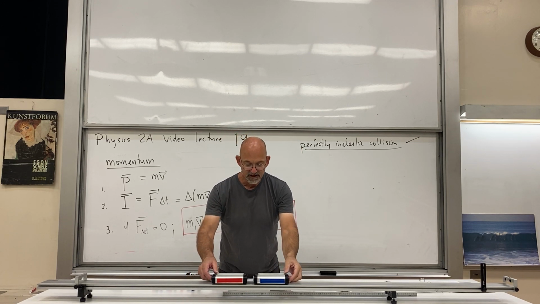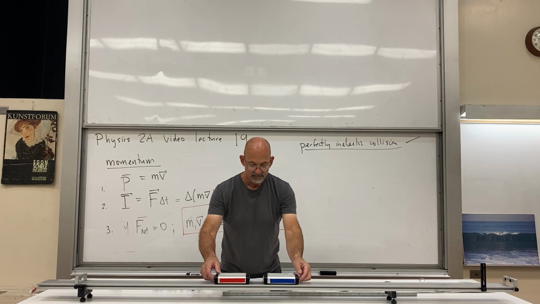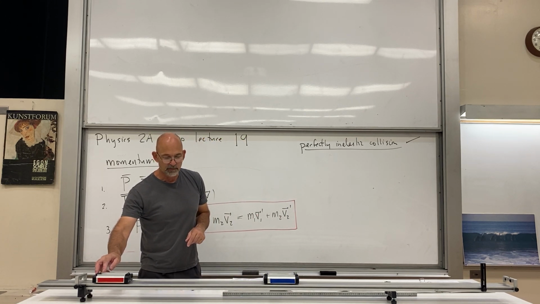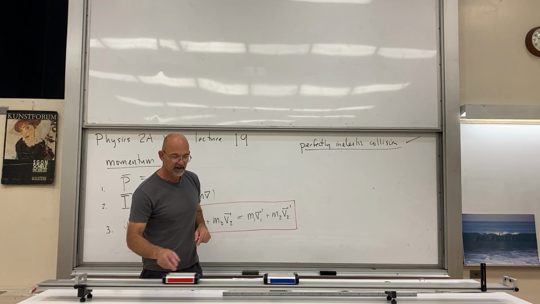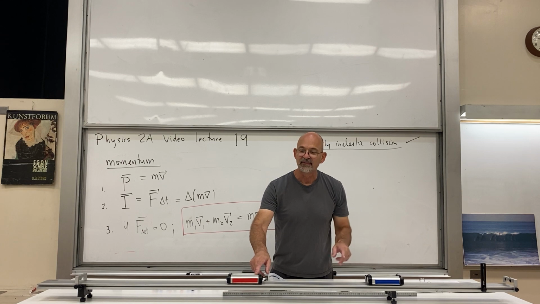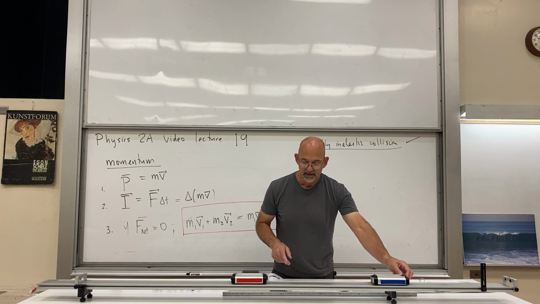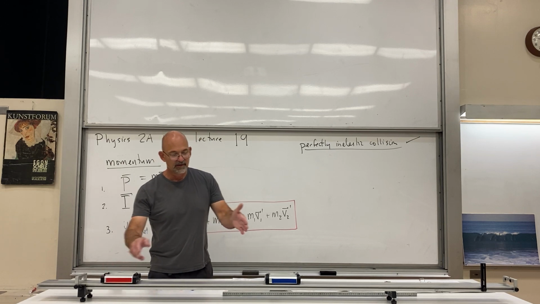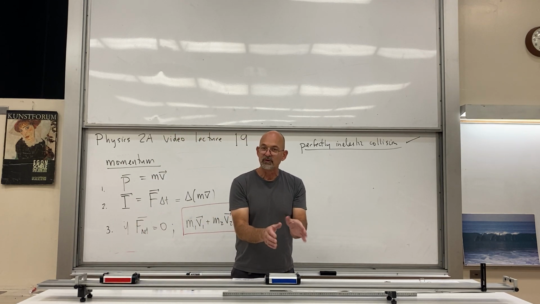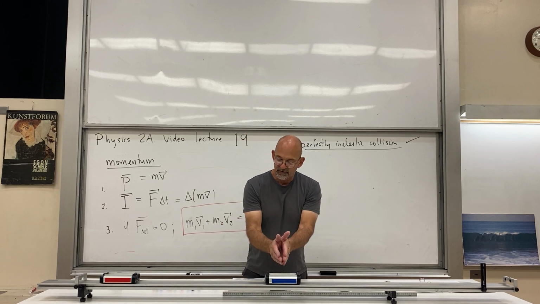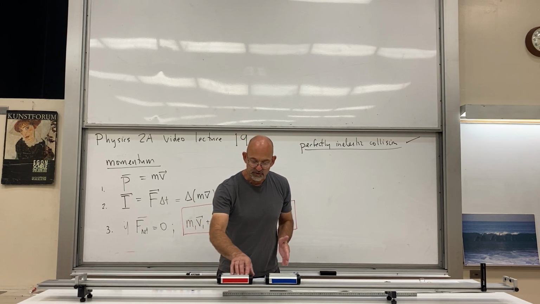Now this collision here is going to reveal everything. So I've shown it to you before. One car comes in, comes to a dead stop, the other one goes out at the same speed. So that's key here, that the collision occurs with no actual contact. This one comes to a dead stop. We already know momentum is transferred.